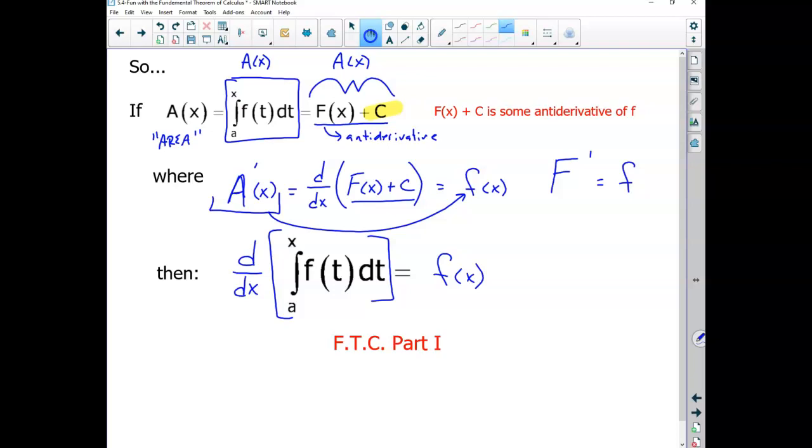It's kind of confusing. We're going to work more with it, but that's not the point of today. We'll get into that one a little bit tomorrow.